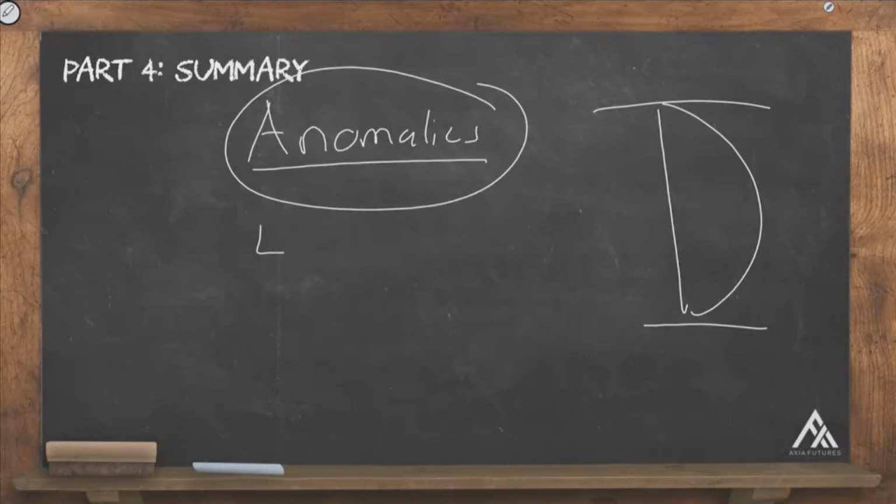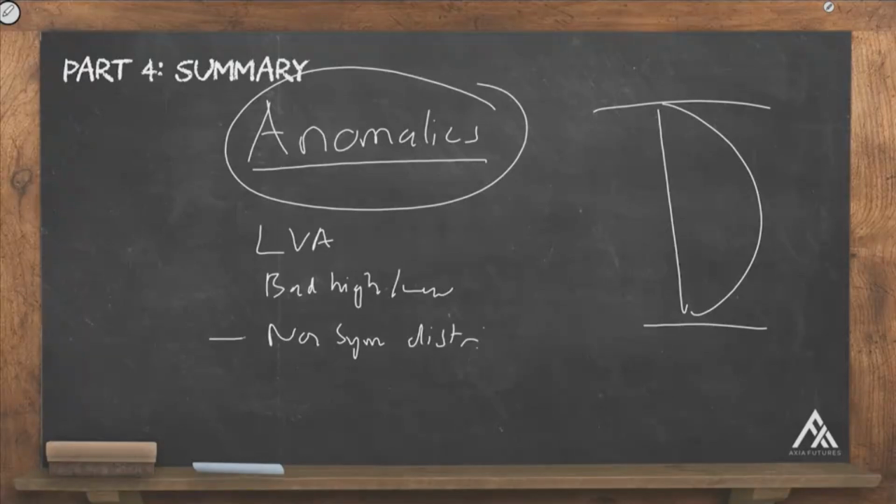Now, we spoke about, for instance, a low volume area. We spoke about a bad high and a bad low. And we spoke about a non-symmetrical distribution. Now, again, guys, this is very much the basic types of anomalies. As we get to part 2 and 3, we're going to go very extensively into these anomalies.